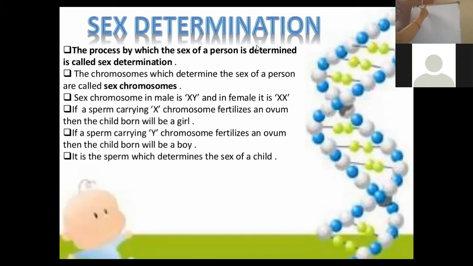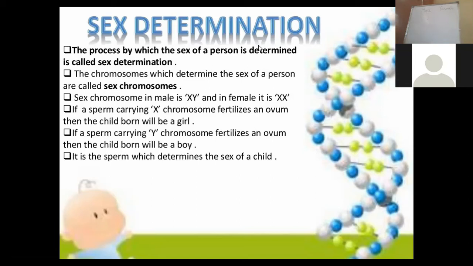Let's write the genetic description of the male and female, because one gamete will be contributed by the male and one gamete will be contributed by the female. When these two gametes fuse with each other, fertilization takes place, and then the sex of the resultant progeny will be determined.